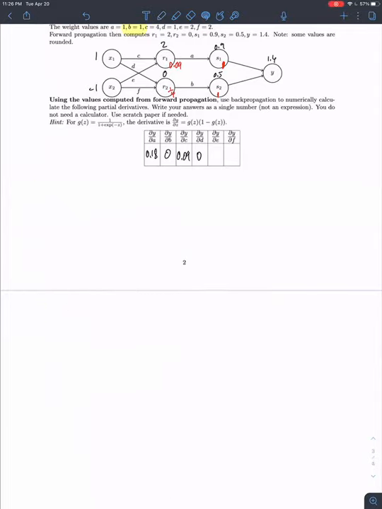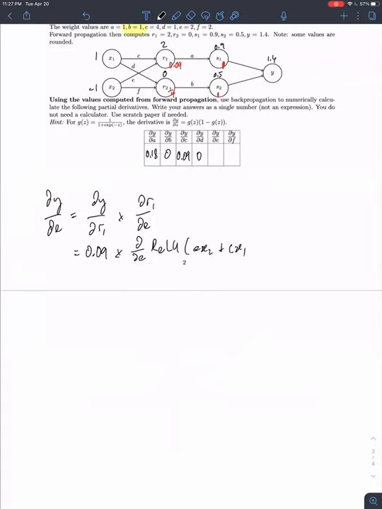Next step, what's partial y, partial e? So e is this way, going up here. So what it's equal to is partial y, partial r1 times partial r1, partial e, right? What's partial y, partial r1? We calculated it. It's 0.09. Now partial r1, partial e is partial e of ReLU of ex2 plus cx1.